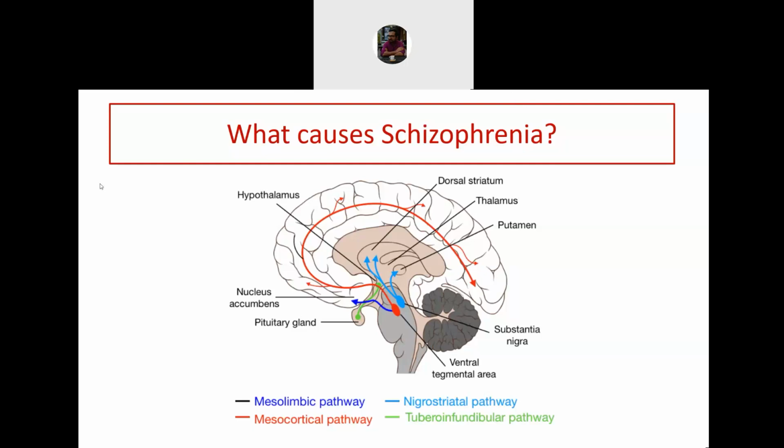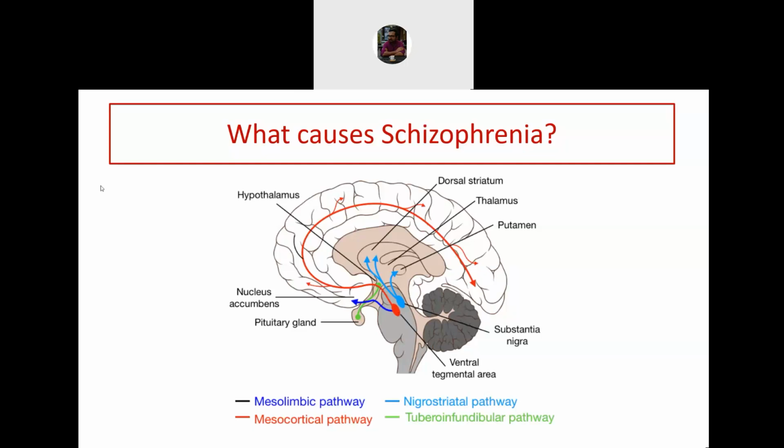In the brain, dopaminergic pathways are present in the cortex, which is known as the mesocortical tract. You can see that from the ventral tegmental area, a large red projection of the dopaminergic tract is going through the cortex.